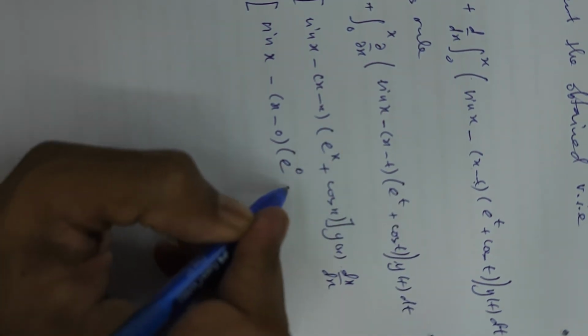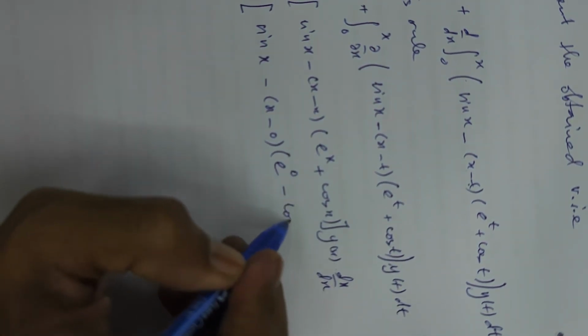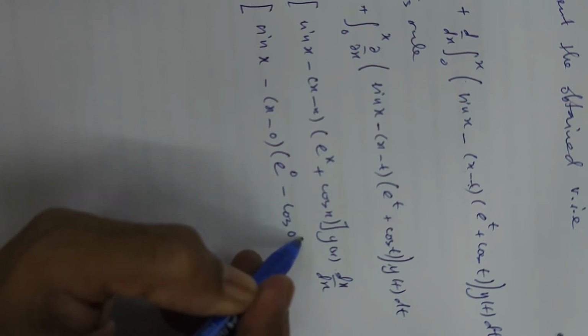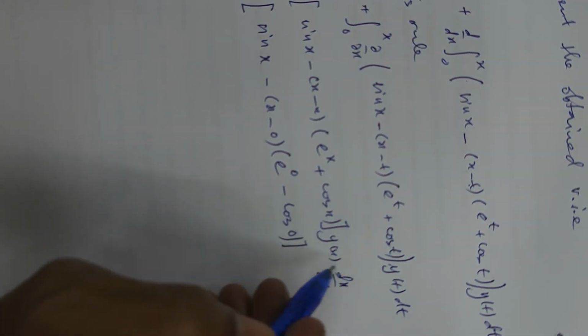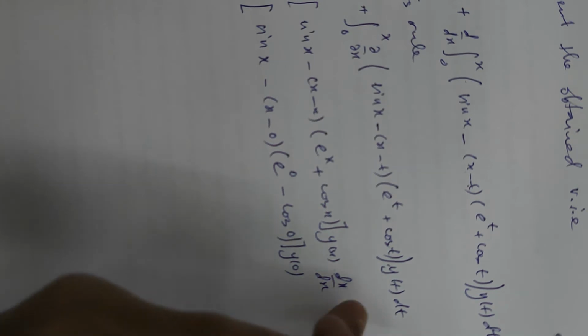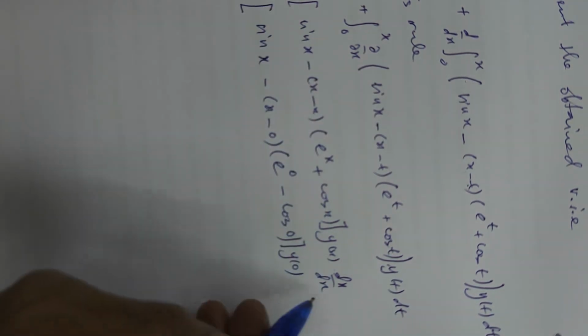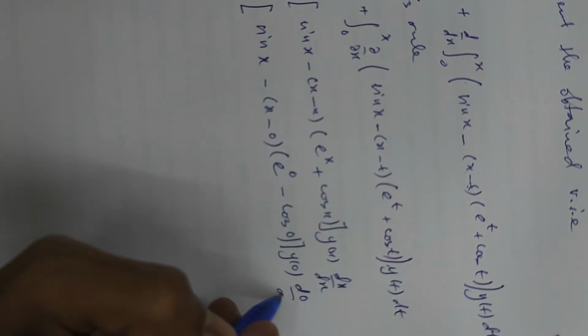So e to 0 plus cos 0, and then y 0, and then we differentiate the lower limit, so d0 dx.